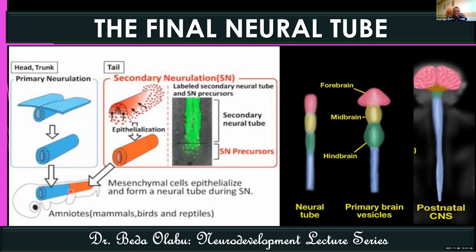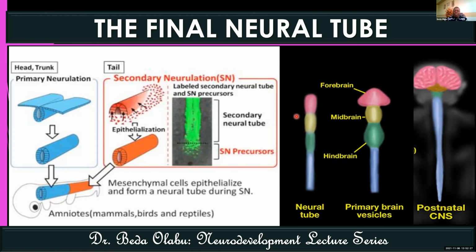We call that process junctional neurulation. So that whole neural tube, the final neural tube, is a neural tube that has been formed from both primary neurulation and secondary neurulation. And that neural tube is the one that will give us the central nervous system.